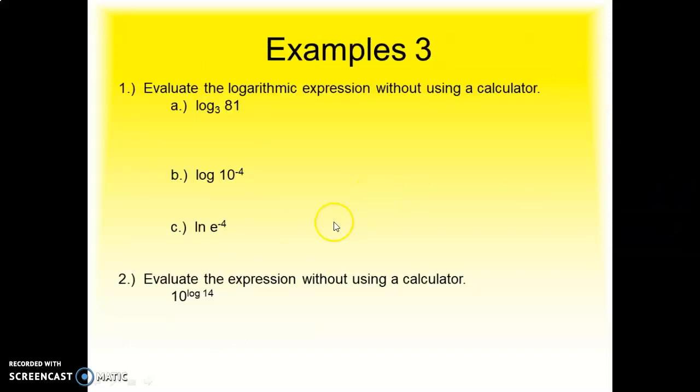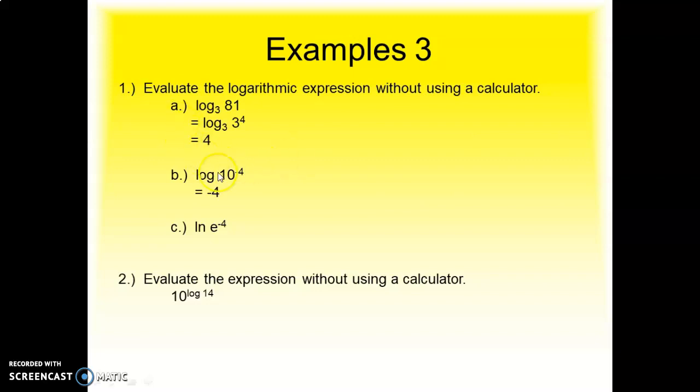Okay, here's a couple more examples of evaluating logarithms. Here you're thinking 3 to what power is equal to 81. You might just start multiplying 3's a bunch of times till you get to 81. You could rewrite 81 as 3 to the 4th power, so this one is equal to 4.